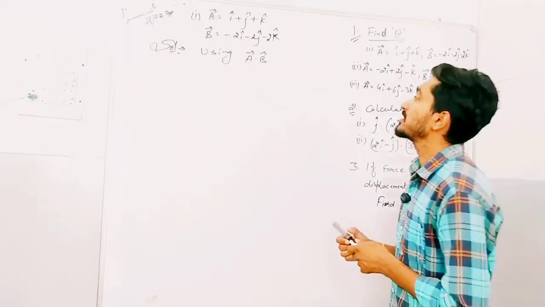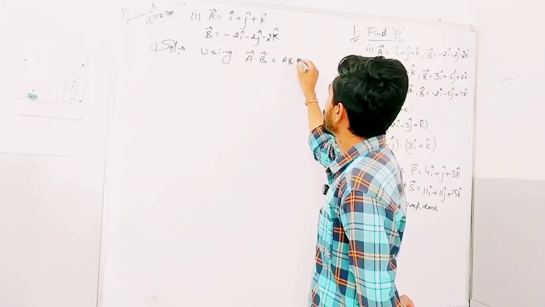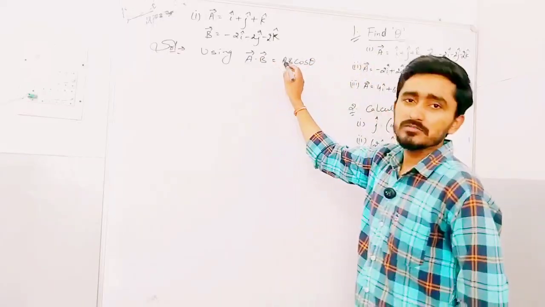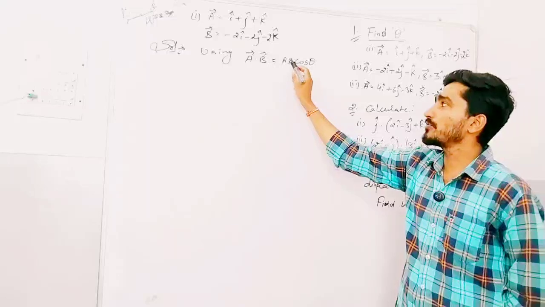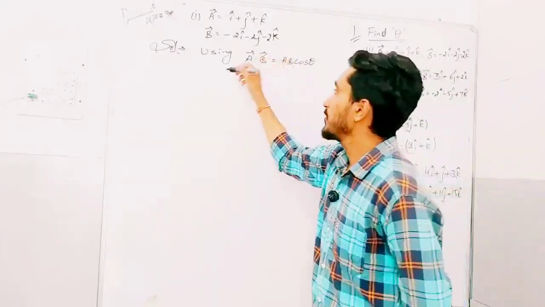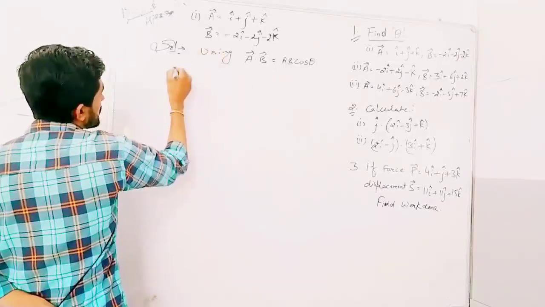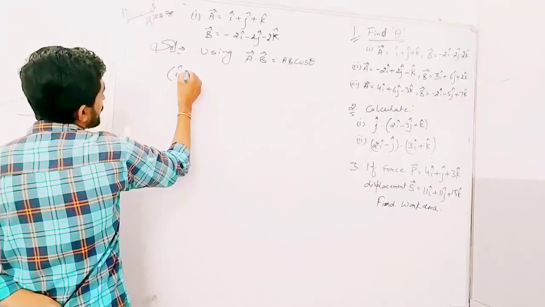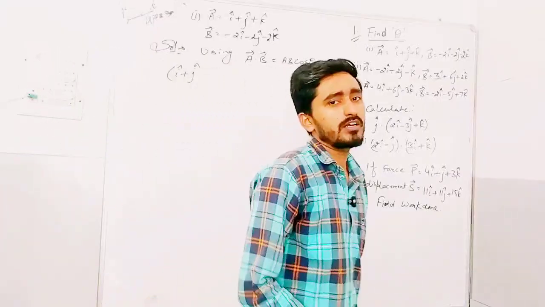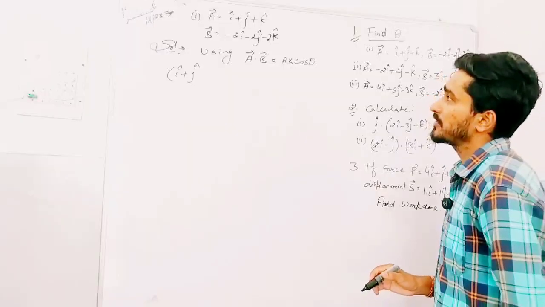If a dot b is ab cos theta, then here a is the magnitude of a and b is the magnitude of b. I will do the first part in detail, and later on I will take some shortcuts.